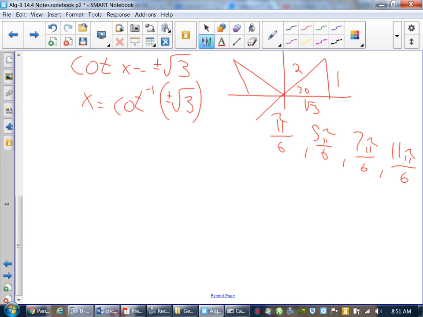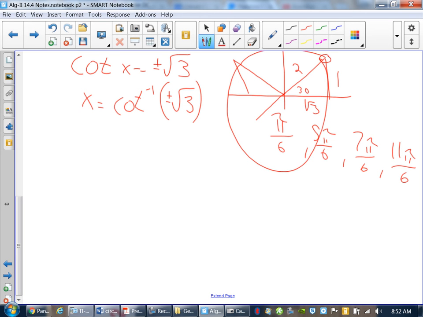So now when we start talking about what's called the general solution, is there anything that these numbers have in common that you can get from one to the next? Well, yeah, they have the same denominator because they have the same reference angle. To get from here to here is not the same amount as going all the way back to here.